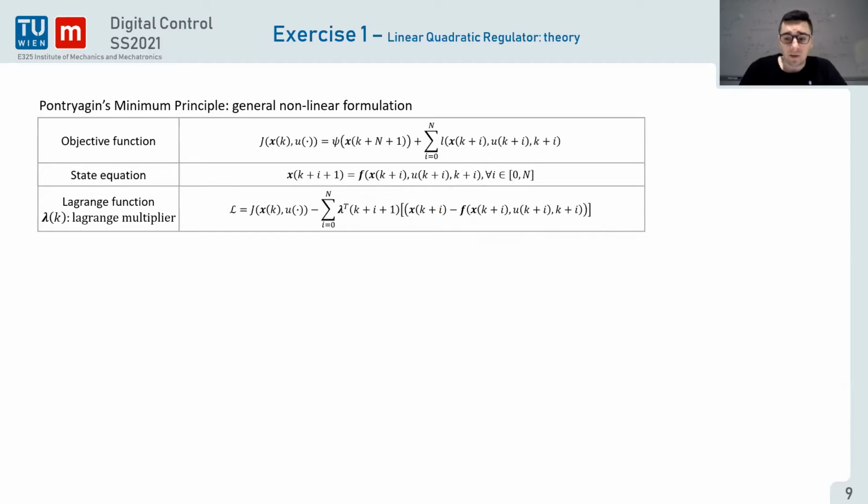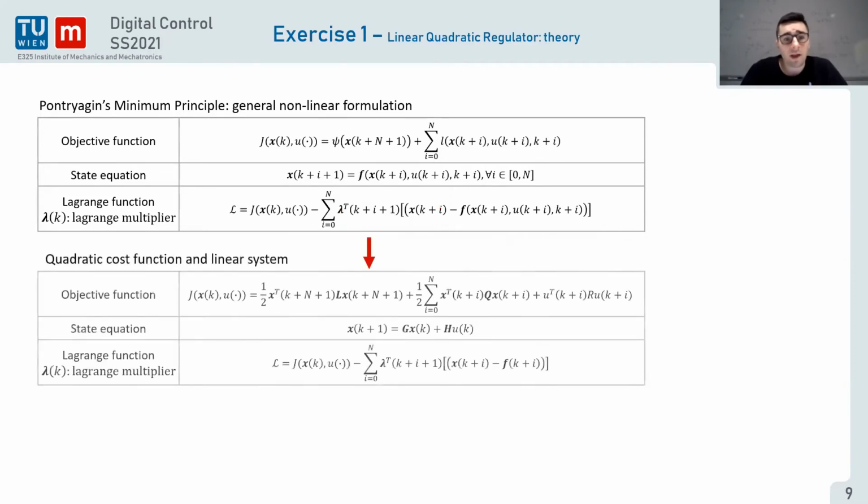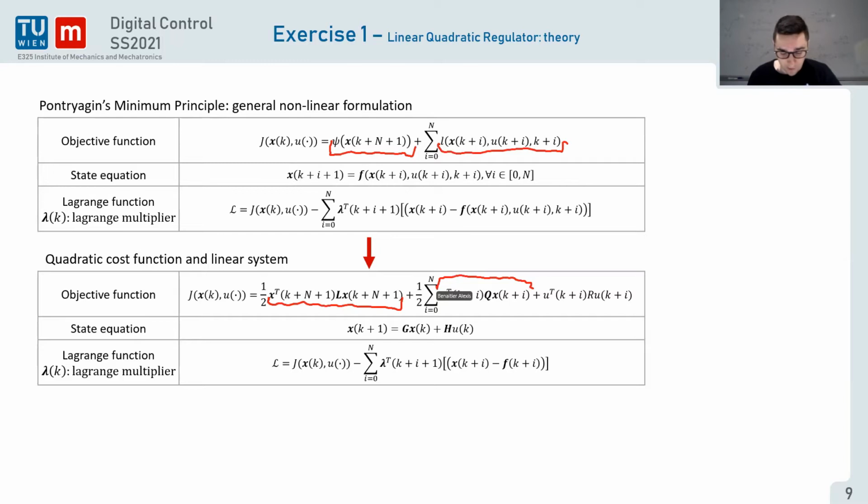So to make things a little bit easier, the LQR method is first based on a quadratic cost function. Here you can see that this term, which is nothing else than the psi I had here, is now quadratic. So it's x transpose times some square matrix times x, and it has to be positive semi-definite. And then this L term here is also a quadratic function with respect to x and with respect to u.